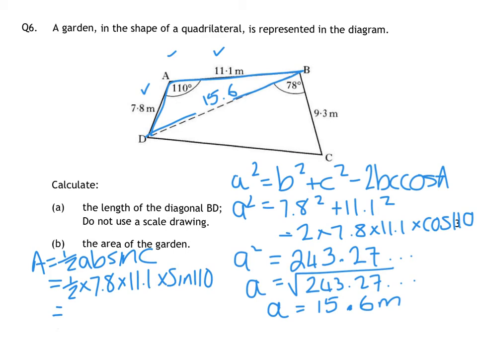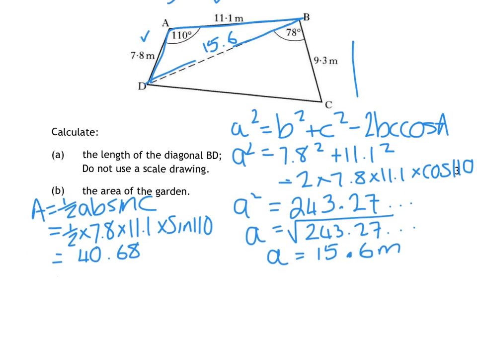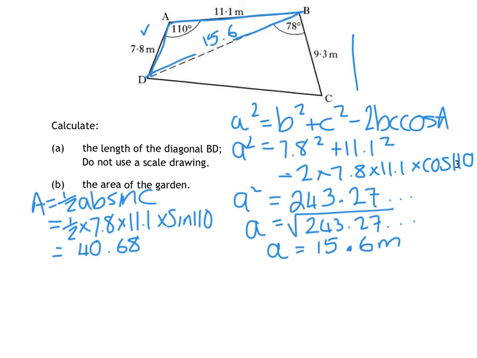Get that answer, which is 40.68. We'll go do the same for the other triangle. So the other triangle is the one on the kind of left-hand side. So that is the one using the 78 for your angle. So our sides are the 15.6 you worked out in part A, the 9.3 and the sine 78.